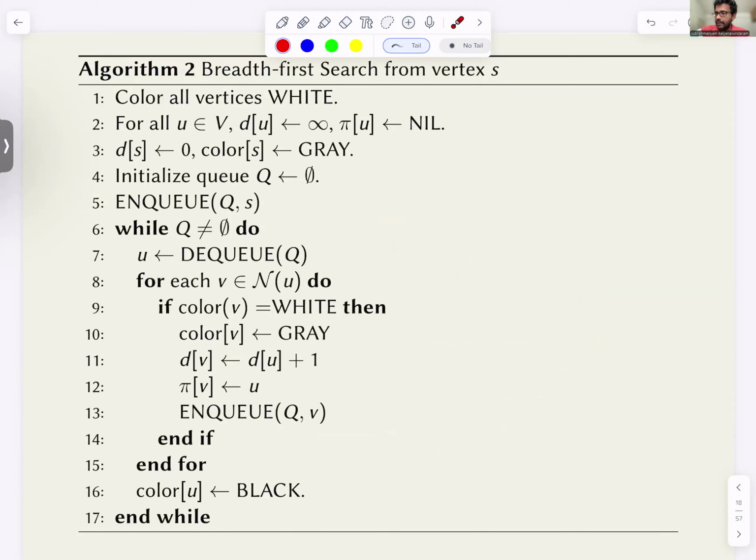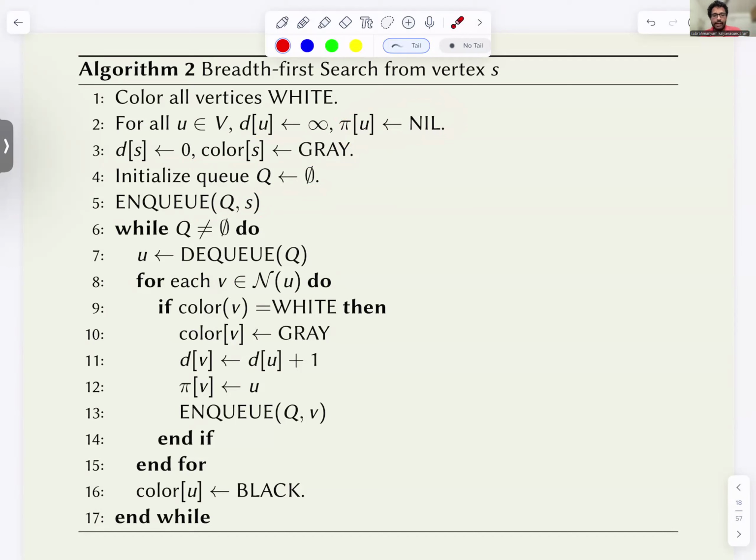This is the thing again. So initially color everything white. Maybe now it makes sense to go through it again. Initially, every d of u is infinity for everybody. And pi of u I will come to later. Then S becomes 0. S is colored gray, and then you NQ S. Initially the queue is empty, and then you NQ S. So one thing that you'll notice is that everything is white. When you NQ, you make it gray, and when you DQ, you make it black.